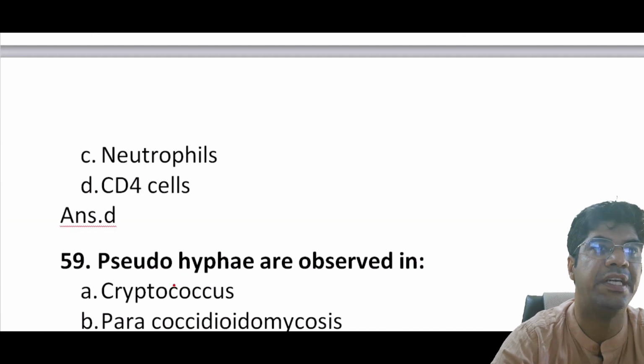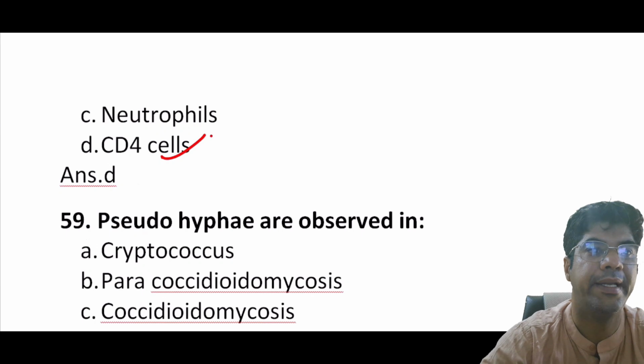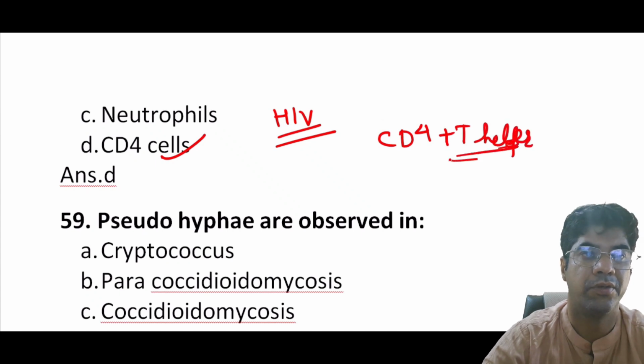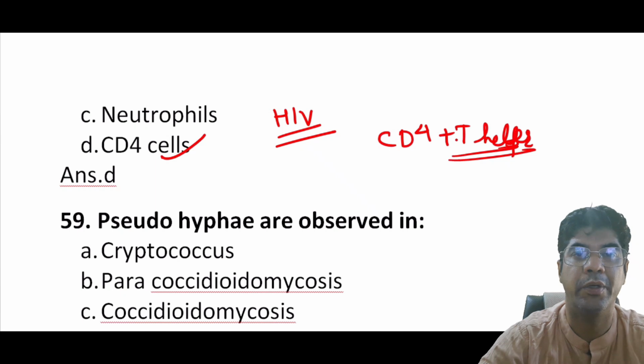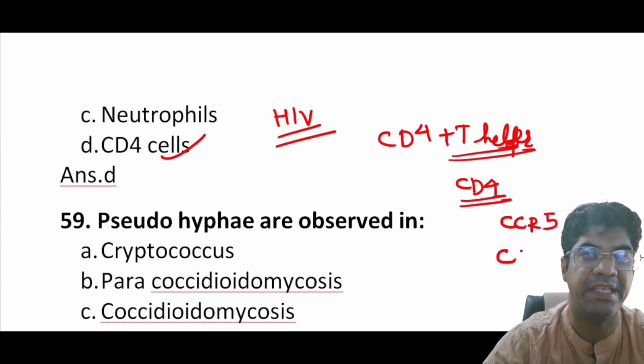Which of the following cells are deficient in AIDS? The answer is CD4 cells. So AIDS, it is caused by human immunodeficiency virus. The primary target is the CD4 T helper cells. So HIV enters T cells by binding to the CD4 molecule and co-receptors, that is CCR5 or CXCR4 on the surface of these cells.